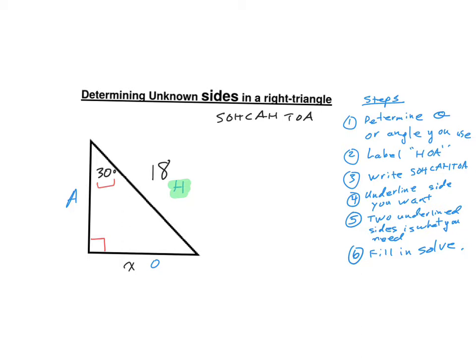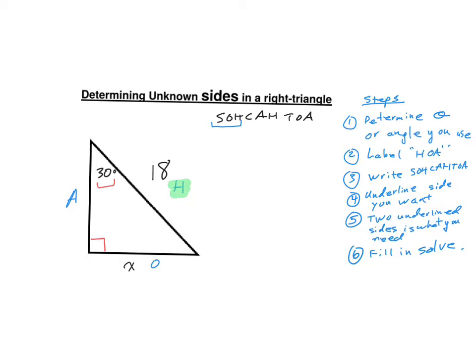And we look for the two sides that we have, right? In this case, we're looking for x and 18. So that means that we've got SOH. In order to find this, you underline what you want. Now you've got to substitute what you've got.